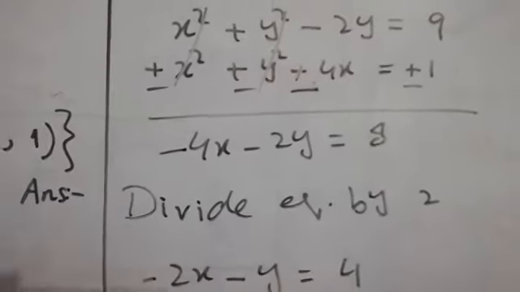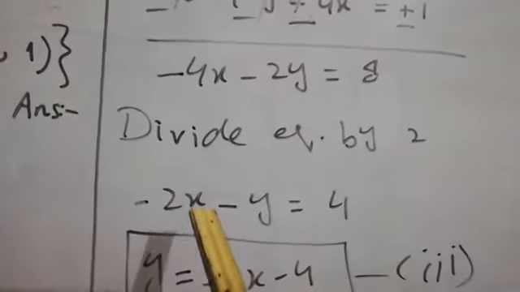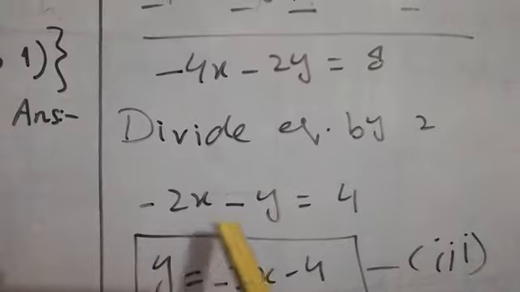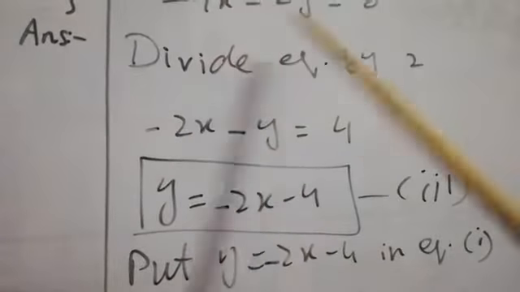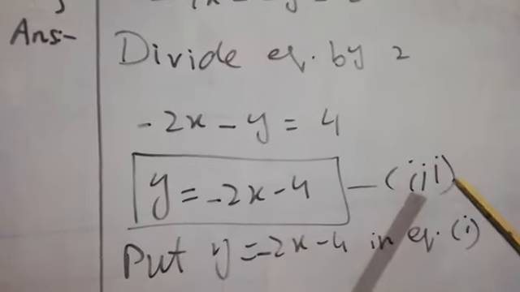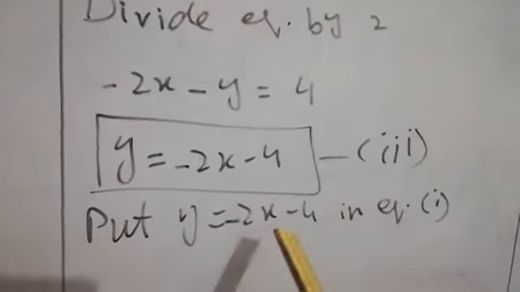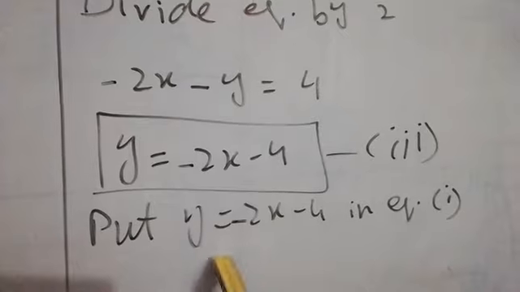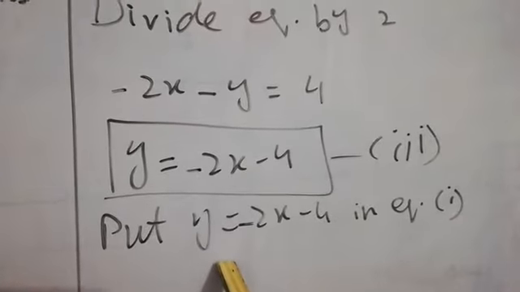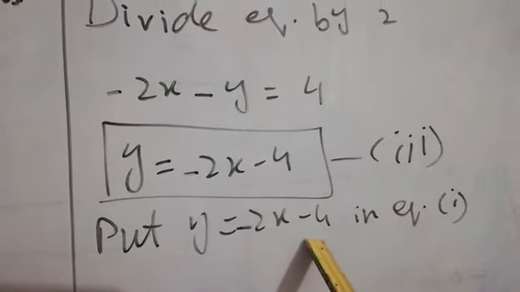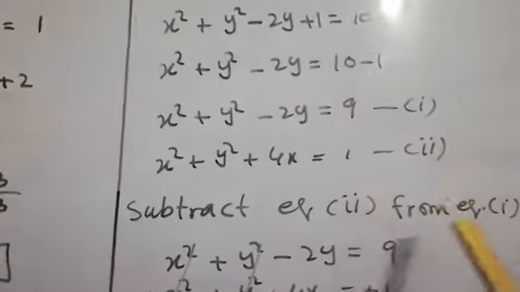We will divide the equation by 2 and we will get minus 2x minus y is equals to 4. So we will find the value of y, which will become minus 2x minus 4, which is equation number 3. Now we will put the value of y. So we will put value of y which is equals to minus 2x minus 4 in equation 1 or 2 as you wish.